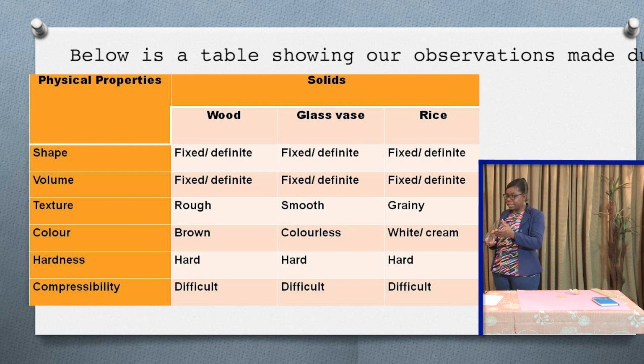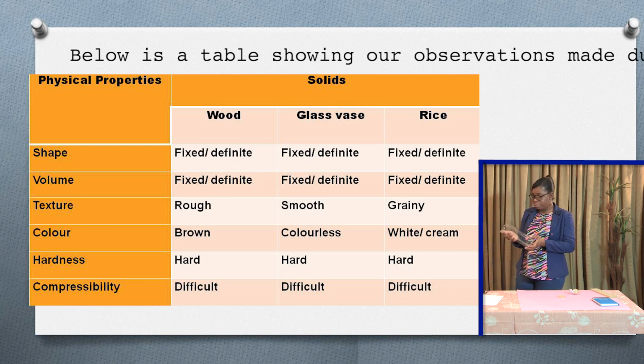The glass vase, just like the wood and the book that we looked at, has a fixed shape, fixed volume, smooth, transparent, hard, and difficult to compress.